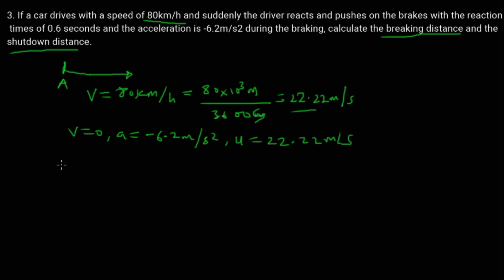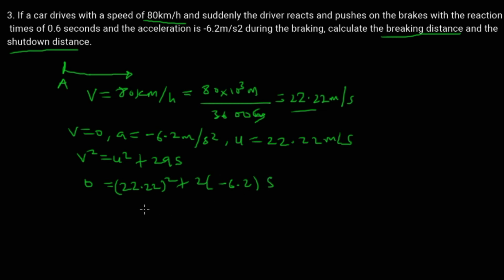So we can find the braking distance using v squared equals u squared plus 2as, where s is the braking distance. Then v squared is 0, and u squared is 22.2 squared, plus 2a, in this case negative 6.2, times s.